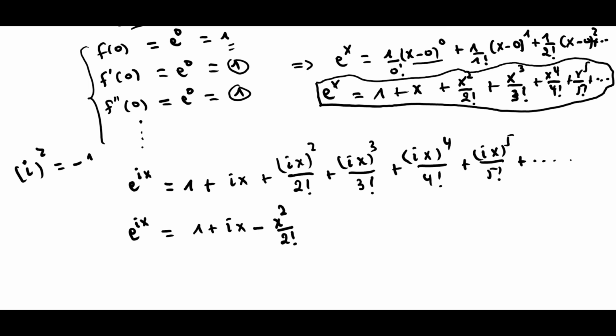So we have minus i x power 3 over 3 factorial, and then in here we have i power 4 times x power 4, and i power 4 is minus 1 times minus 1, then 1, we get plus x power 4 over 4 factorial, and in here we will have plus i x power 5 over 5 factorial plus, and so on.